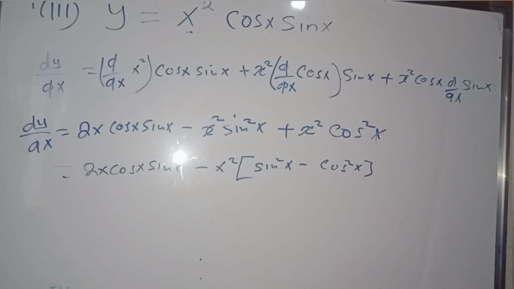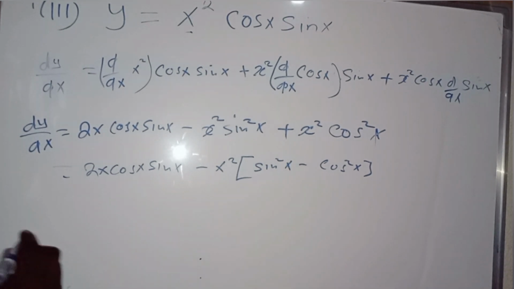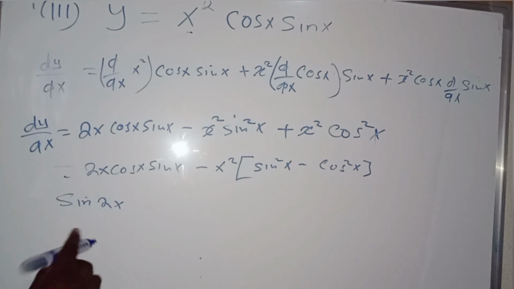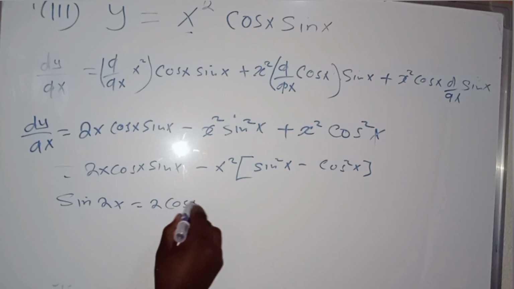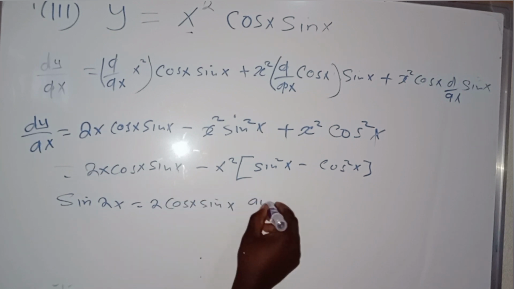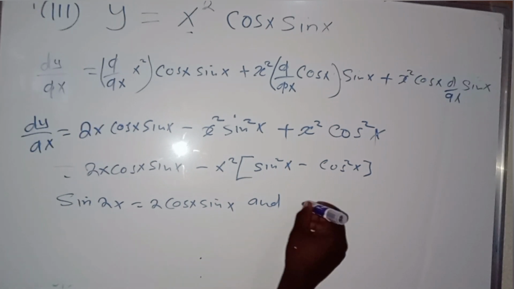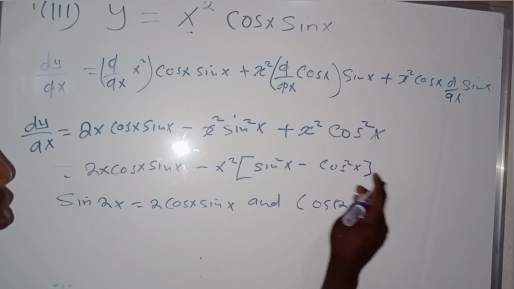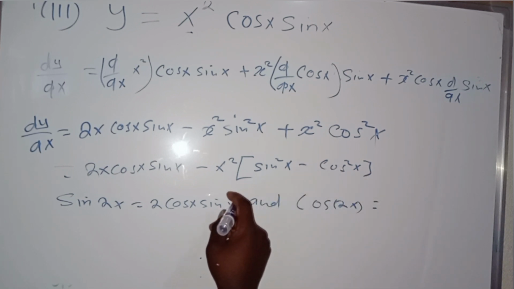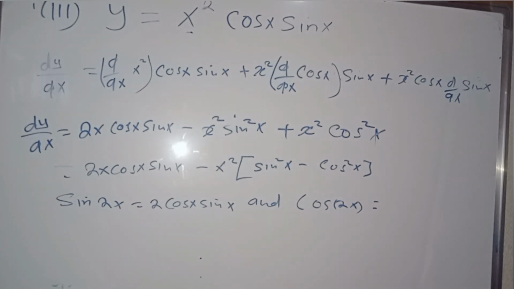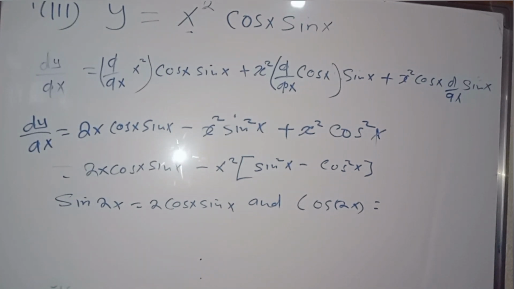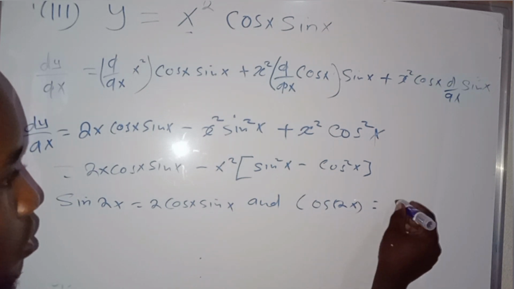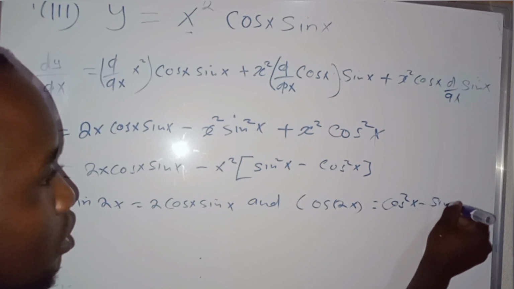But remember that, this is our trigonometric identity, sin 2x is equals to 2 cos x sin x, and cos 2x is equals to cos squared x minus sin squared x.